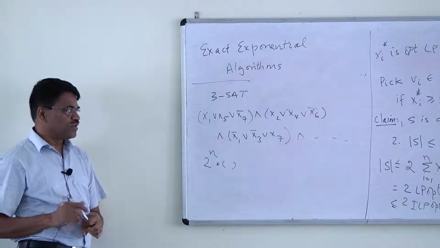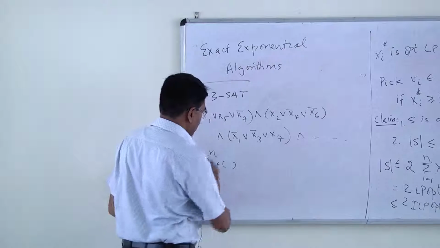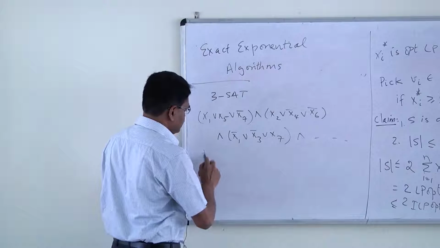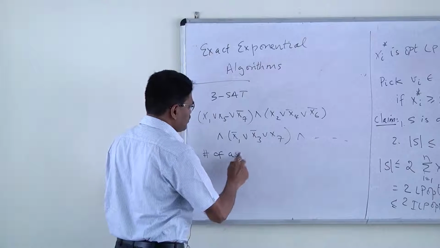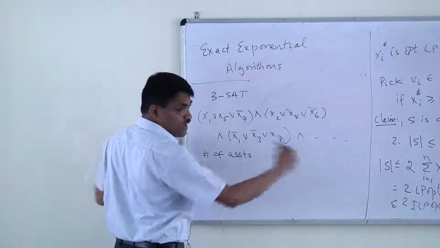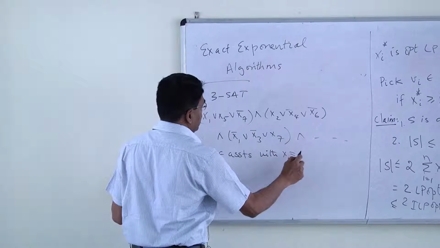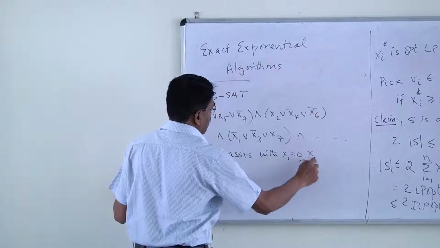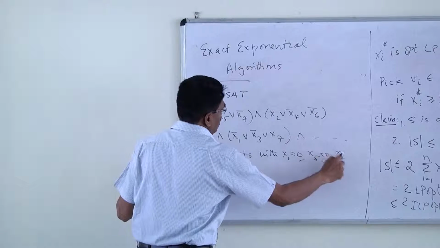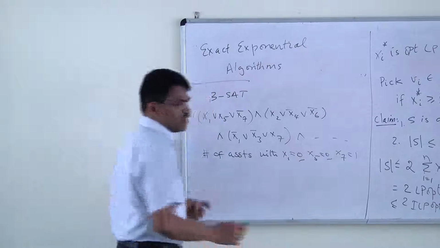Wait. So what is my question? How many assignments, for all the variables with x1 equal to 0, x5 equal to 0, and x7 equal to 0? There are n variables.